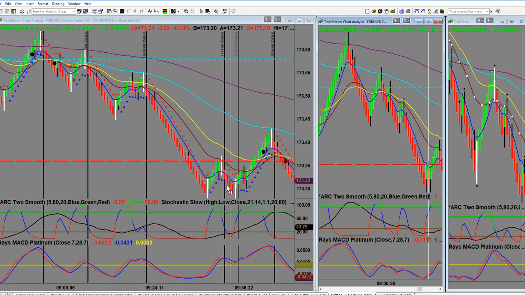I have up to this stage virtually no divergence on my higher time frame, really poor divergence, just a little hook. Why is that important? If I've only got divergence on my entry chart and virtually none on my higher time frames, that increases the probability that the market's going to continue to fall until I get strong divergence on my anchor charts.